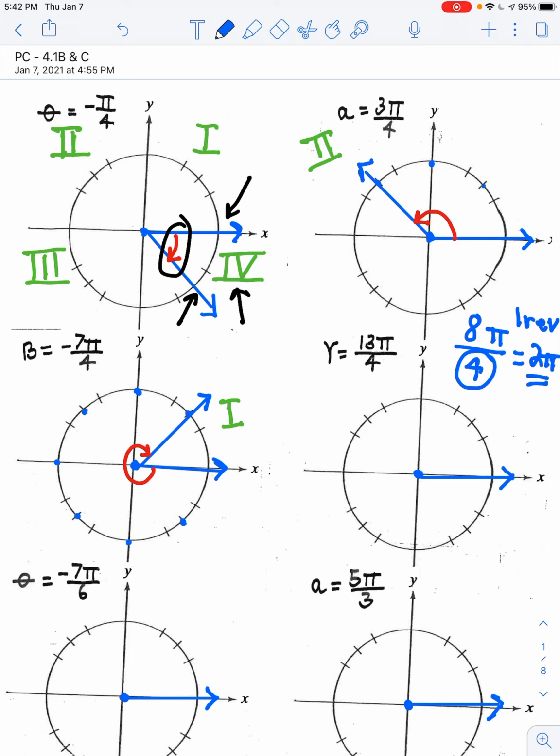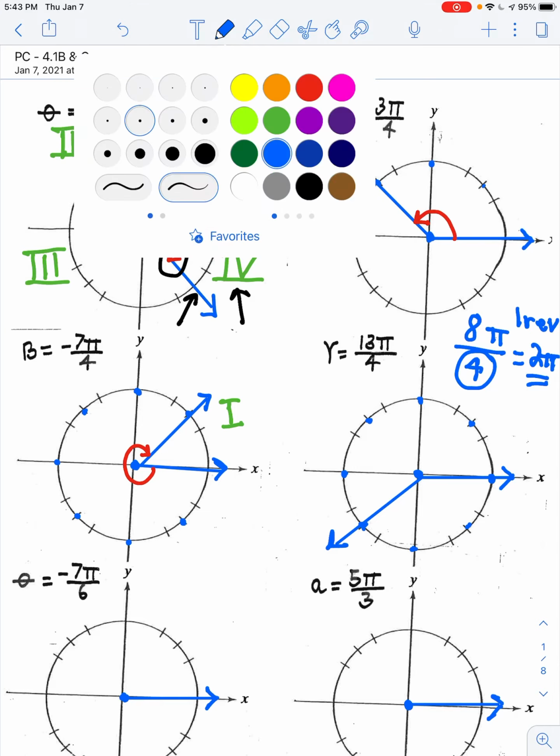We are going counterclockwise because it's positive. Some people like to count: 1, 2, 3, 4, 5, 6, 7, 8. That's 8 pi over 4. Then 9, 10, 11, 12, 13, and they draw through like that. And you could. I prefer to think, okay, I've gone 8 pi over 4 for one revolution, and then I count 5 more multiples of pi over 4.